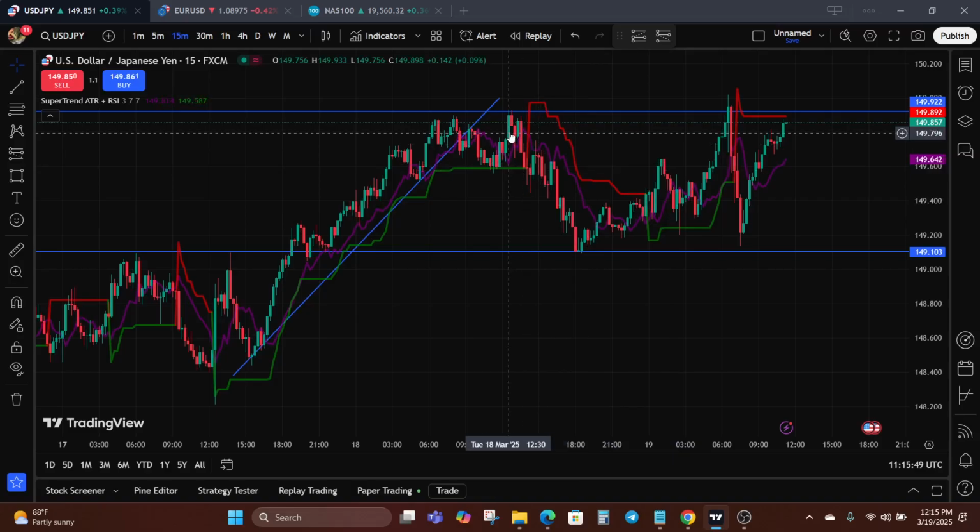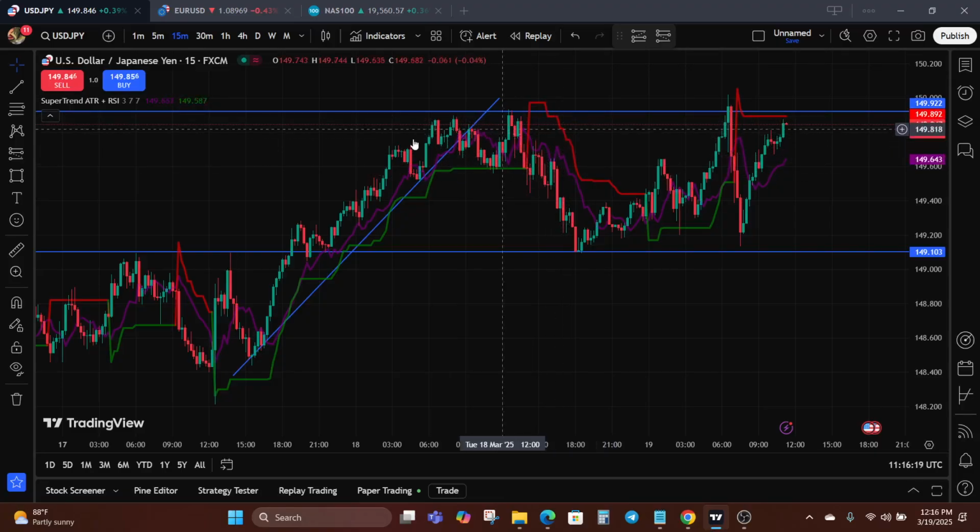For example, here we can see that when we had a sell signal, the color of this line changed to red, showing that bearish momentum was prevailing or was about to set in. And it was about that same time we had a rejection from this resistance. We can see we had a double top formation around here. So coupled with this double top, we had a bearish signal from the Super Trend ATR plus RSI indicator.